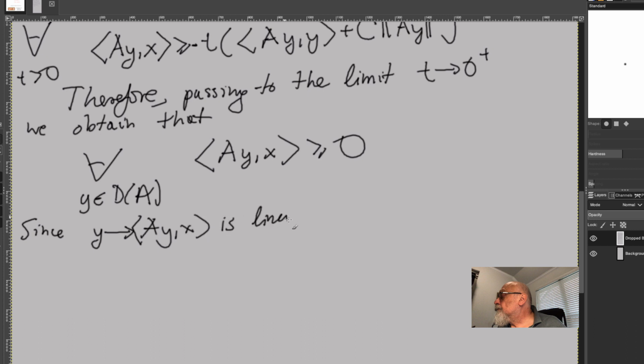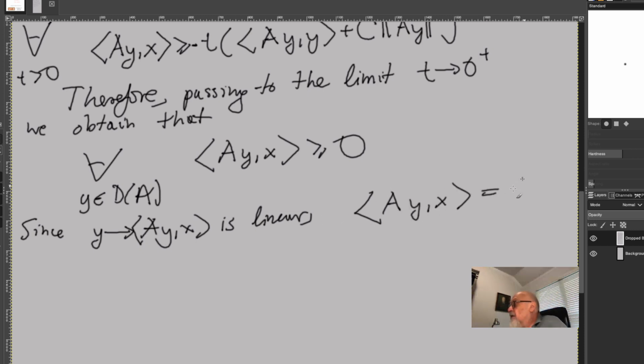However, notice, but look, since this functional y goes to ⟨Ay, x⟩ is linear, then of course the image of this functional cannot be bounded from below, except in the case of this functional being 0.